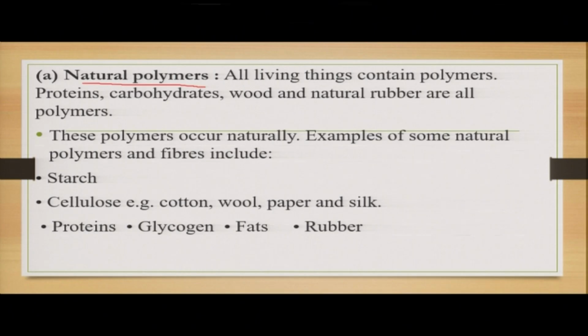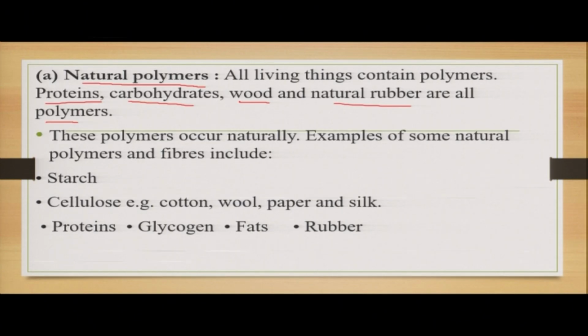If you talk about proteins, carbohydrates, wood, natural rubber, these are all polymers. These are substances that exist in living organisms. That's why we say that they are natural polymers.